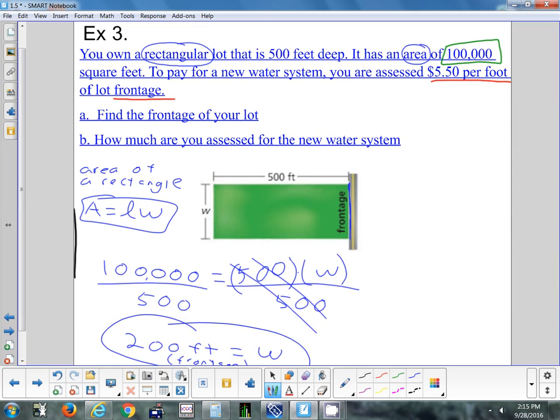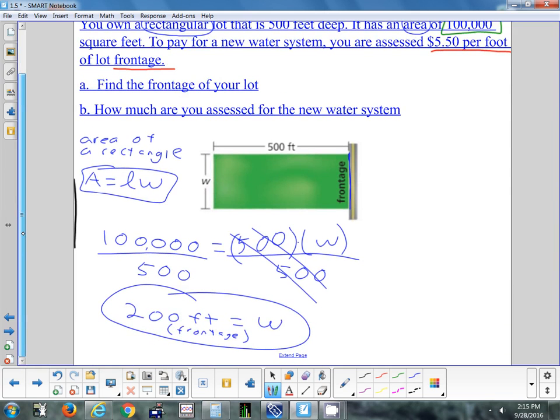Okay, Ariel, how many feet of frontage does this yard have? 200 feet. Yep. So this is 200. I'm charged $5.50 for every foot.